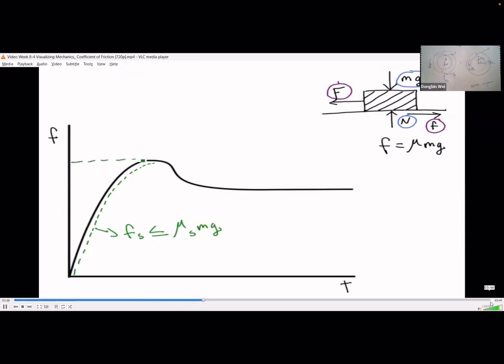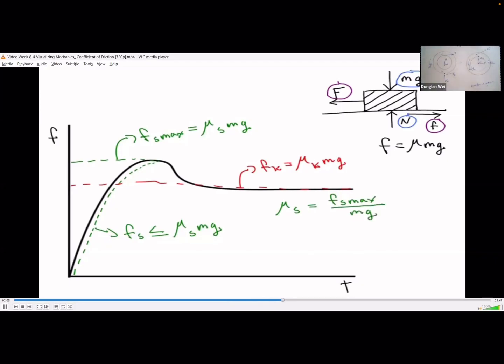When we reach the peak, our maximum static friction equals mu s times mg. The straight line afterwards refers to kinetic friction, which is equal to mu k times mg. If we solve for mu s and mu k, mu s equals the maximum static friction over mg, and mu k equals the kinetic friction over mg.